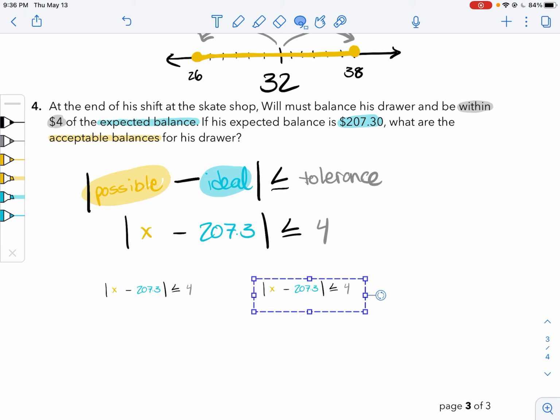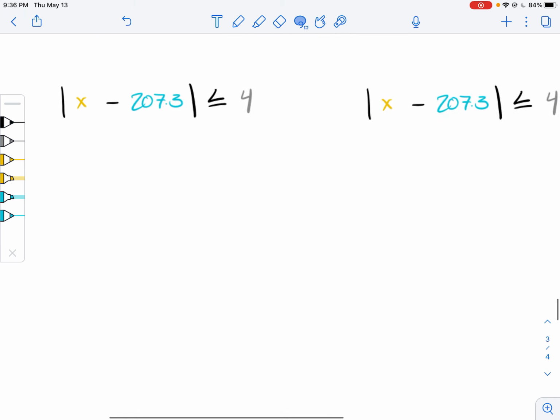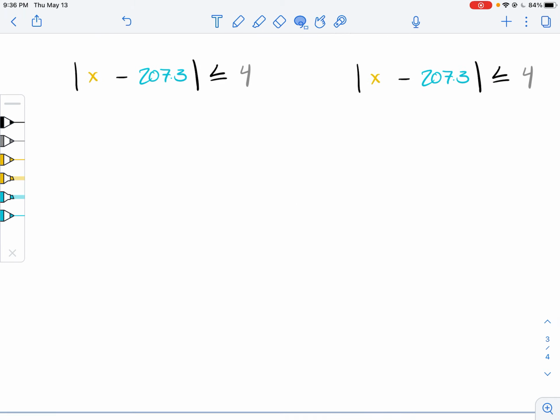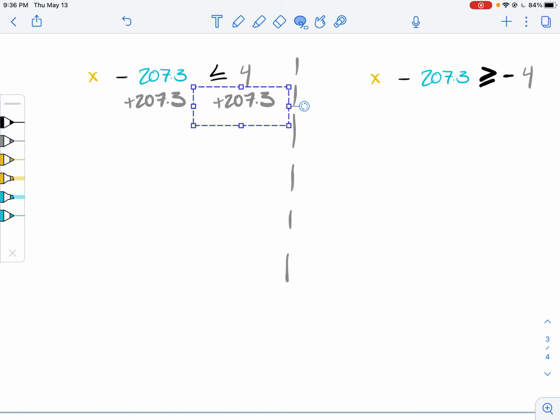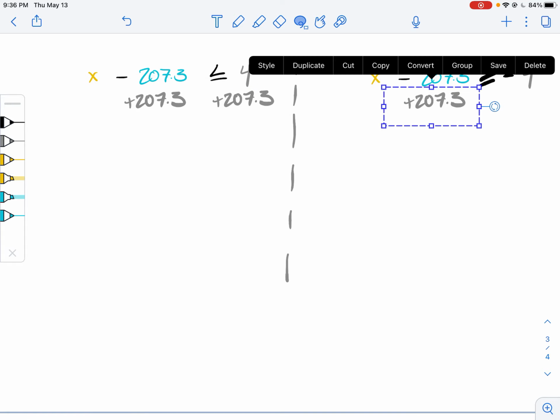So if we know that the absolute value is less than or equal to 4, then either this value is just smaller than 4, or it's greater than negative 4. To solve this, we're going to add 207.3 to both sides of our inequality.